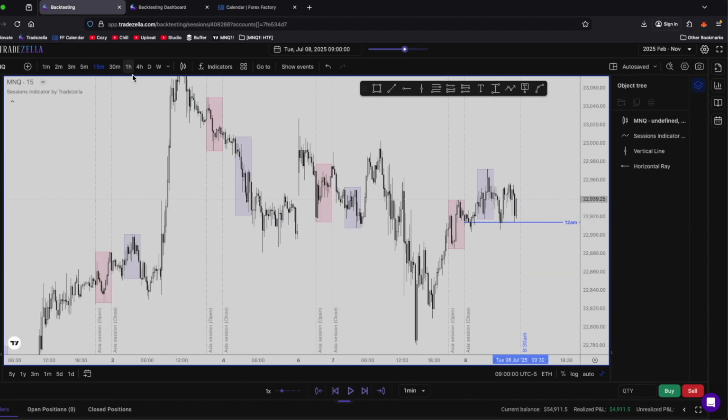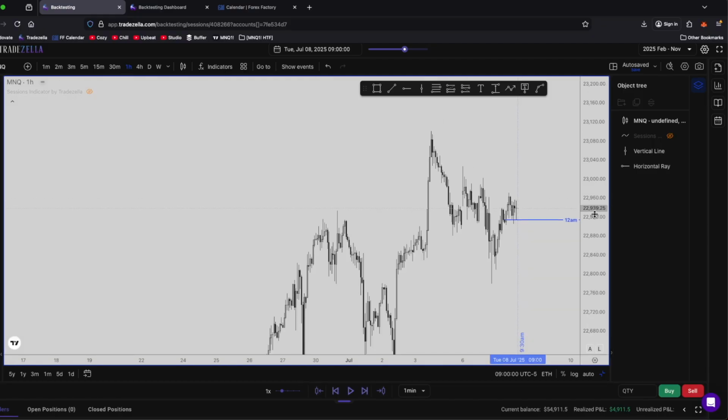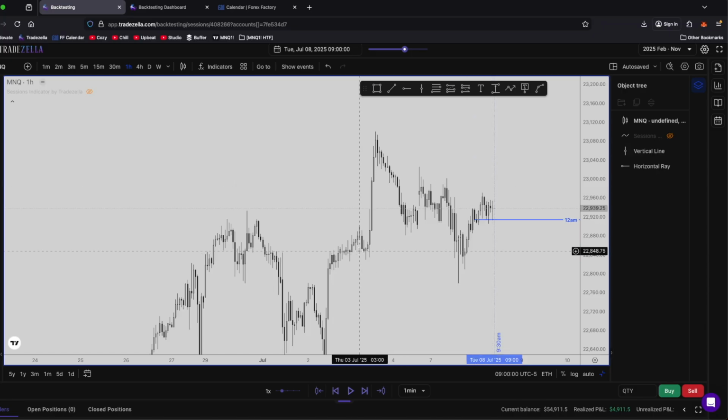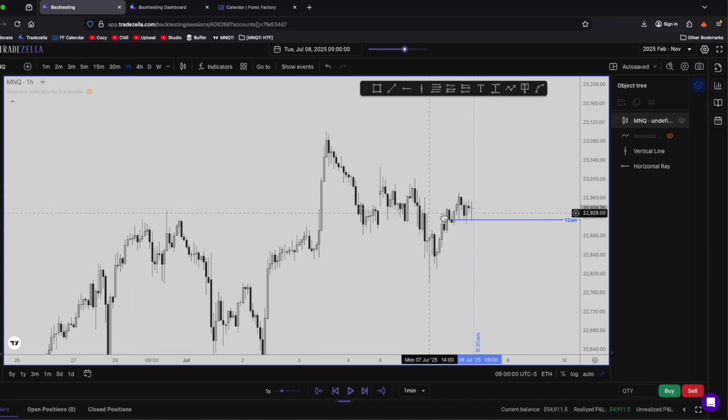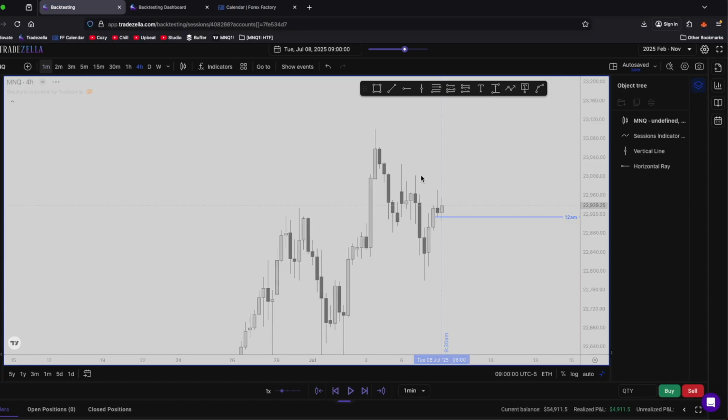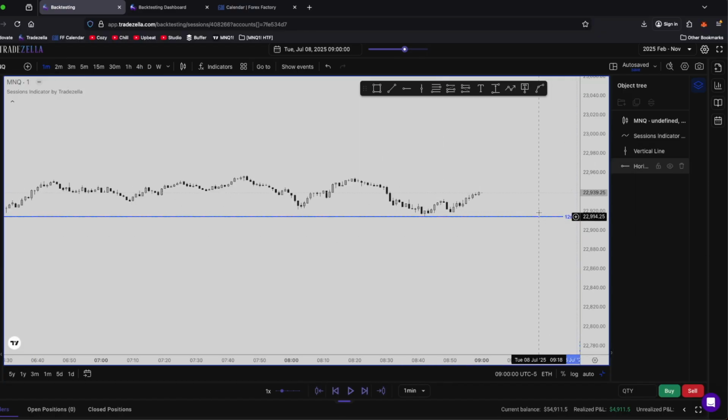So 15-minute order flow is bearish. 1 hour order flow, I'm considering this bullish. It did do a change in state, but then it did another change in state of delivery. So we're bullish on the 1 hour. Same thing with the 4 hour. There was a change in state of delivery. I'm anticipating this to fail. So still on a more bullish bias.